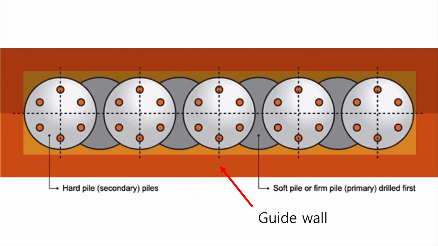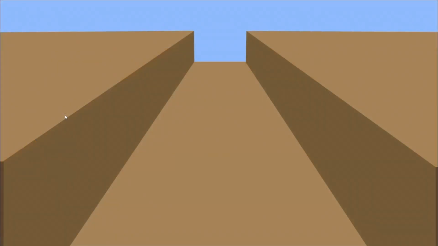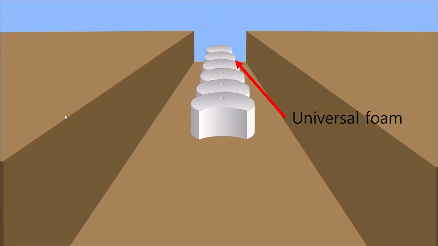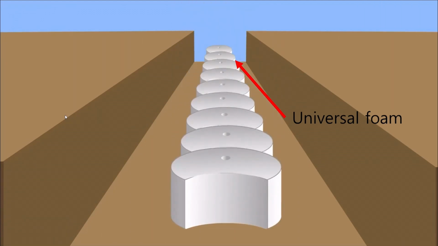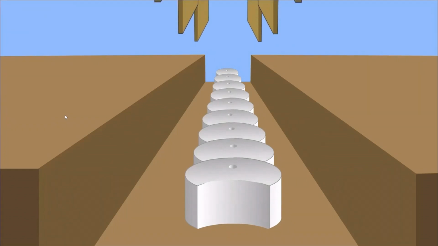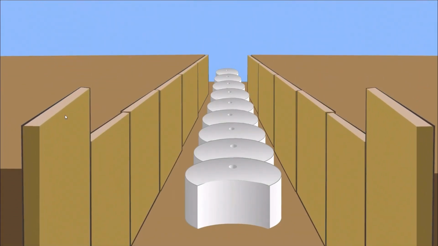To make a secant pile wall, first, set the guide wall. First, set the universal form. Next, set the panel.